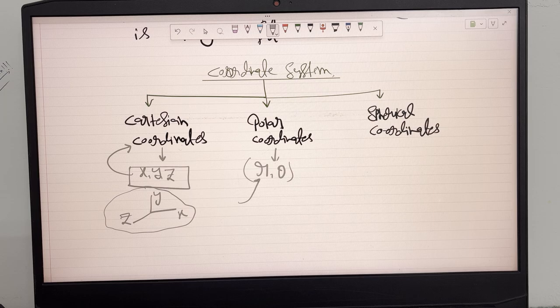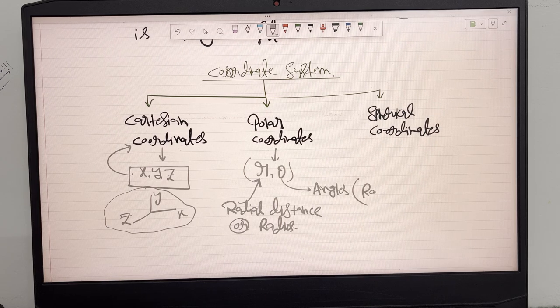This r is nothing but your radial distance, or you can say radius, right? This theta is your angle. It can be in radians or degrees also. Sometimes it is degrees, sometimes radians, but mostly radians.